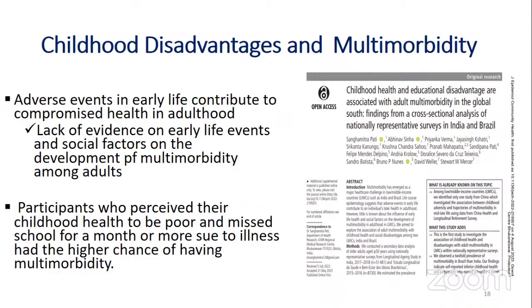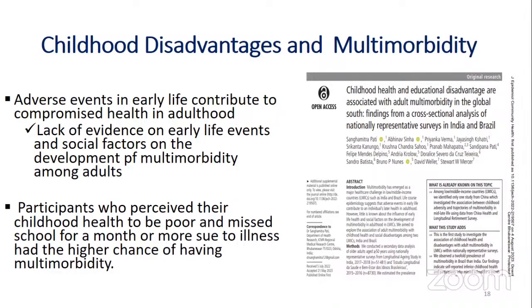So here we observed that participants who perceived their childhood health to be poor and missed school for a month or more due to illness had a higher chance of having multimorbidity. Basically, these individuals were asked about their status during childhood.